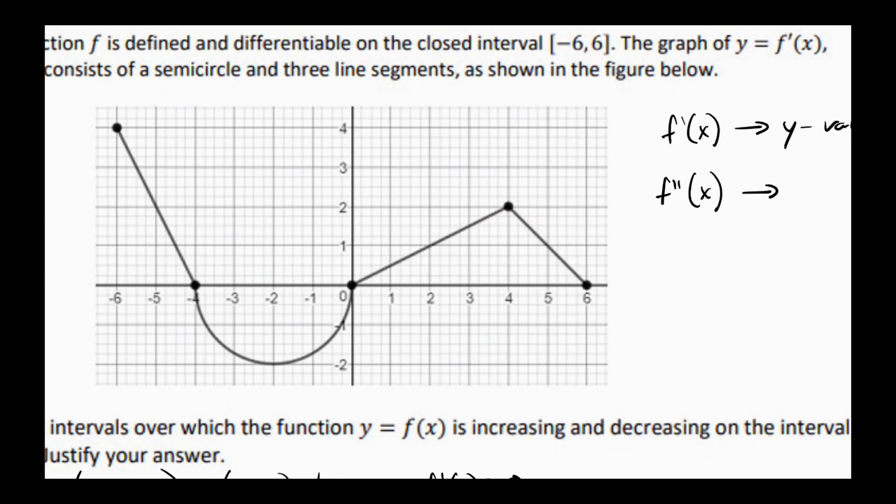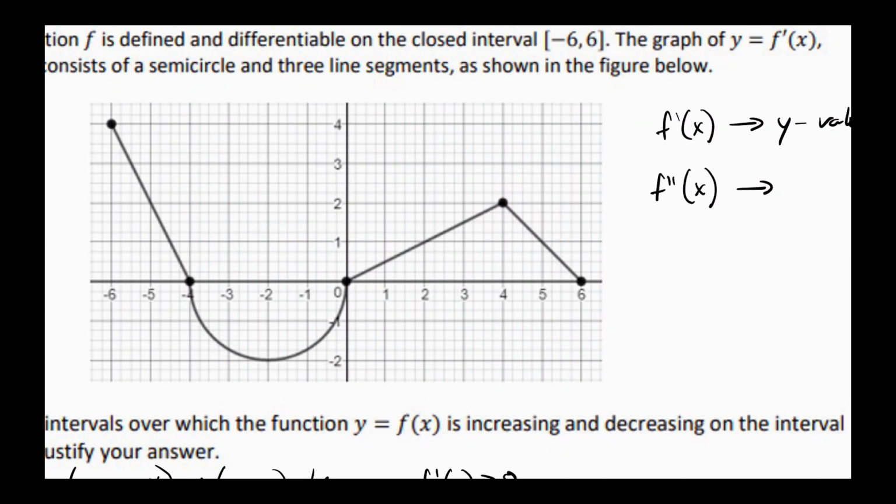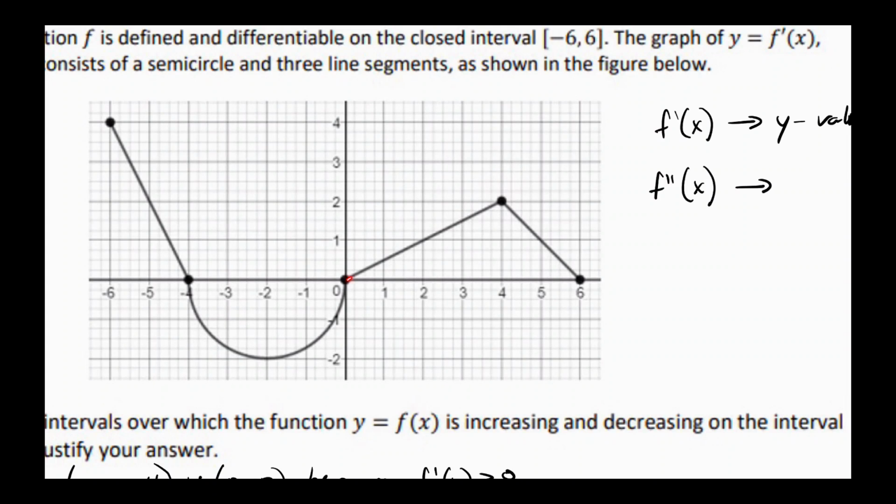What happens at 4? What happens to the derivative there that leads me to say that it's a point of inflection? What happens to the derivative? Watch my pen. Positive, negative derivative. It's going uphill, right? Positive.